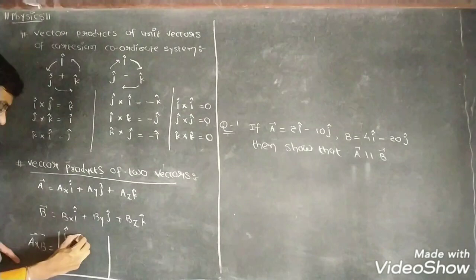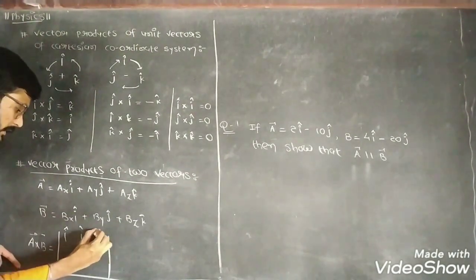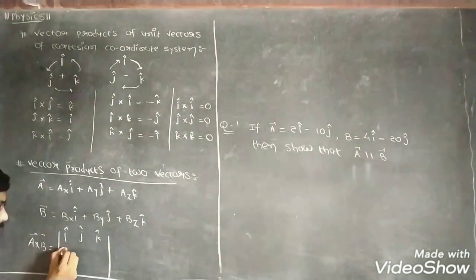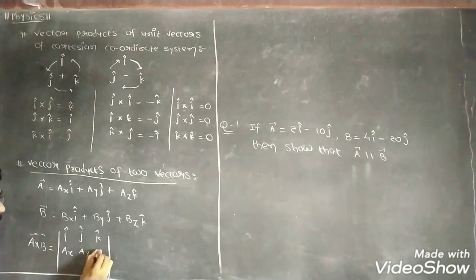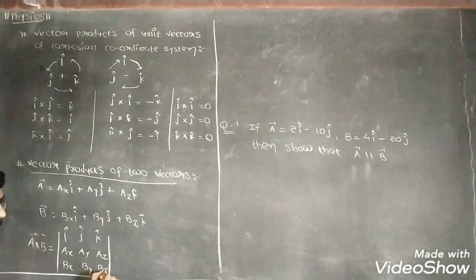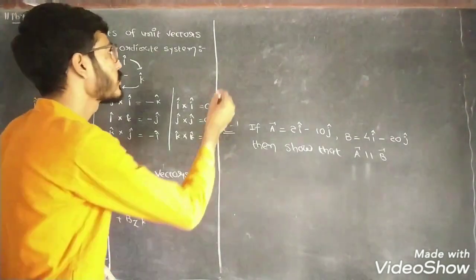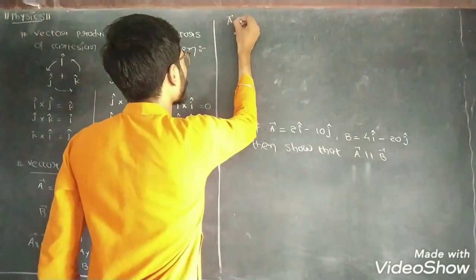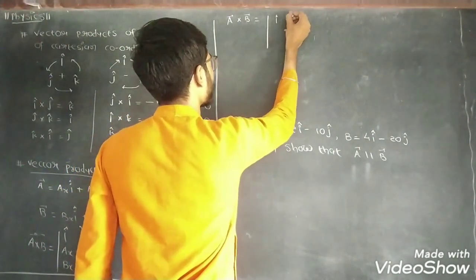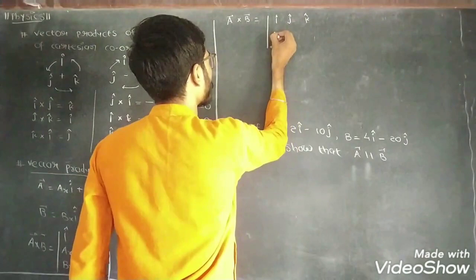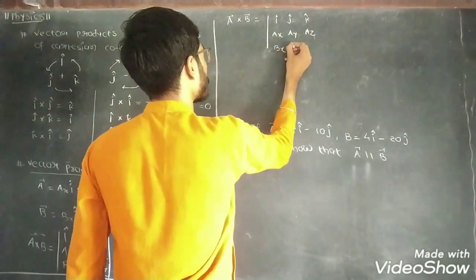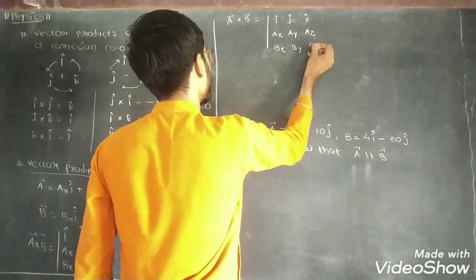The structure is 3D, so I caret, J caret, K caret. First of all, we write the components of vector A: ax, ay, az. And the components of B: bx, by, bz. So A cross B is equal to the determinant of I caret, j caret, k caret; ax, ay, az; bx, by, bz.